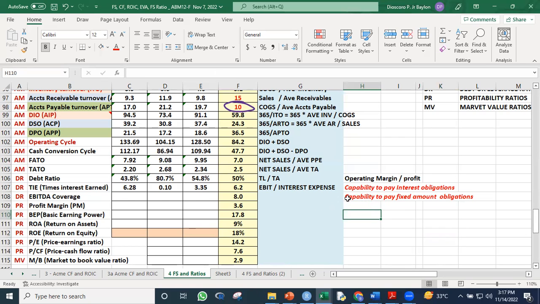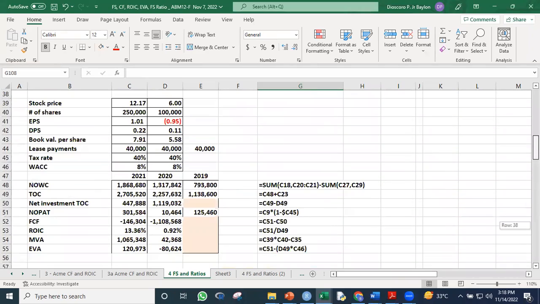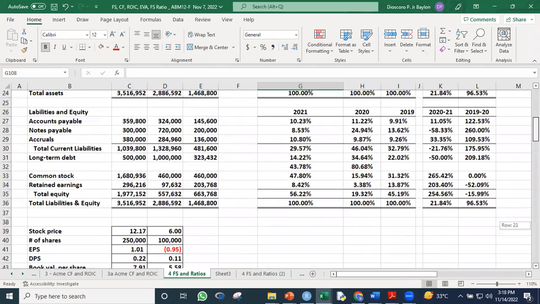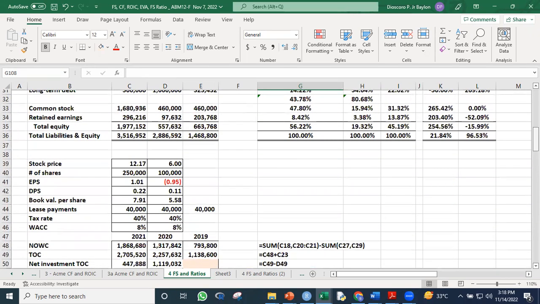Okay, so what's the formula for this? Okay, dito yung formula, no? So ang formula nito, class, ano-ano ba yung mga fixed amount na obligations? Okay, let's take a look at the balance sheet. And may mga givens pala dito, no? First is interest, no? Fixed yung interest. So that will form part of the denominator.